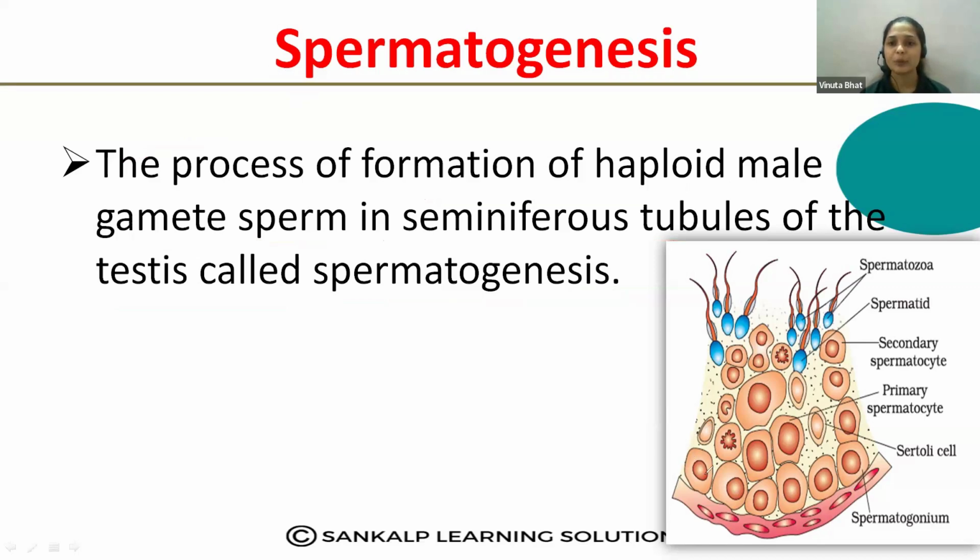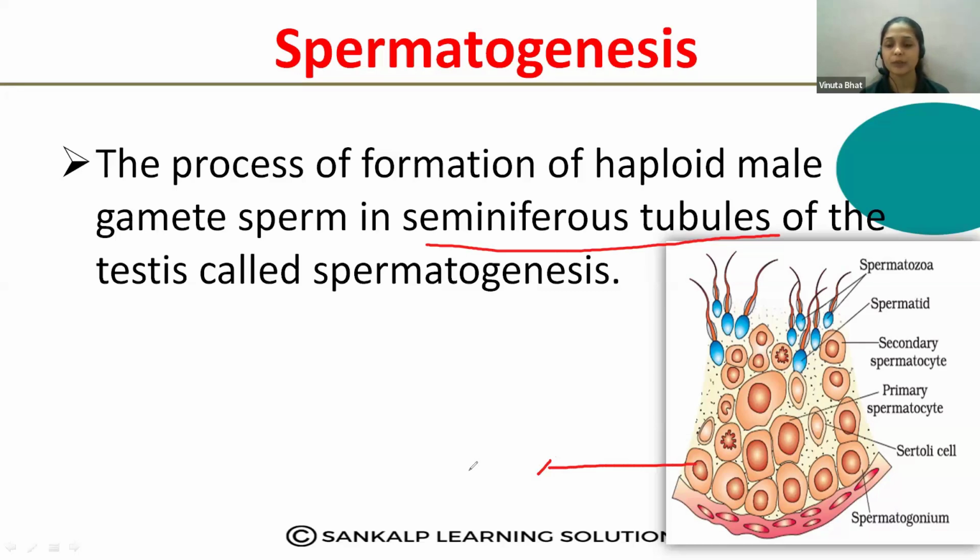The spermatogenesis process takes place inside the seminiferous tubules, which we already studied in the last class. Inside the seminiferous tubules, there are spermatogonial cells, the spermatogonium. Are the spermatogonium cells haploid or diploid? What is their ploidy?